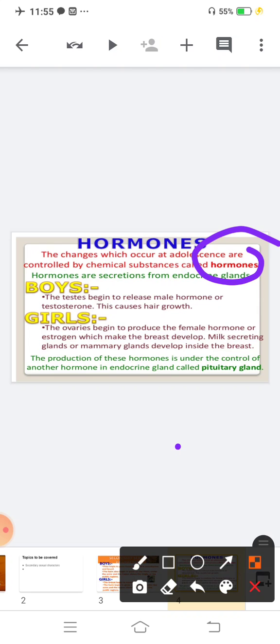What do you mean by hormones? The changes which occur at adolescence, the secondary sexual changes and internal changes, are all controlled by a chemical substance, and that chemical substance is known as hormones.